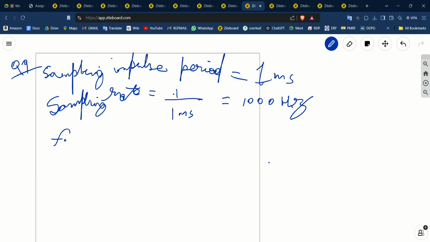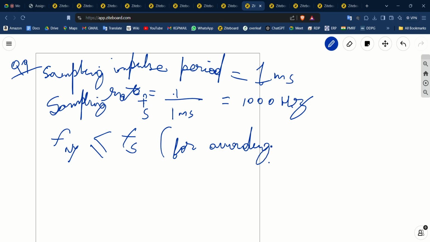So the Nyquist rate should be less than or equal to this 1000 sampling rate, for avoiding aliasing.